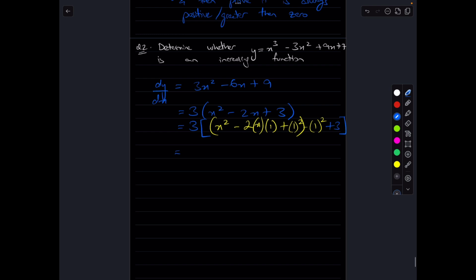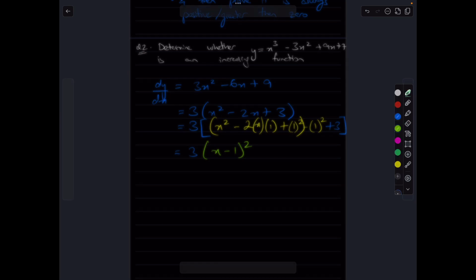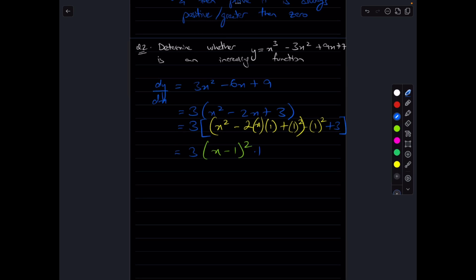Eventually, we'll turn out to have 3 times x minus 1 whole square, and this thing turns out to be plus 6. And this turns out to be our answer.